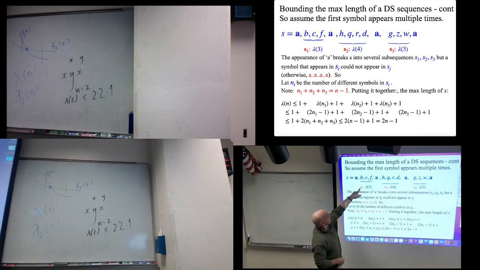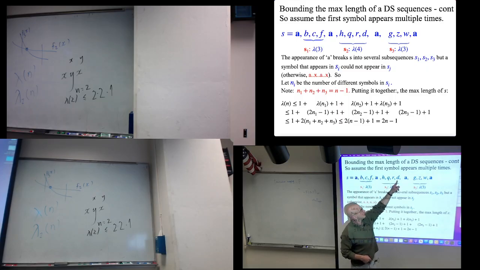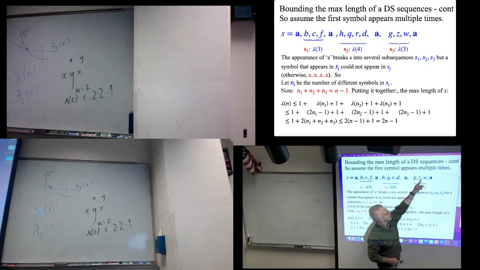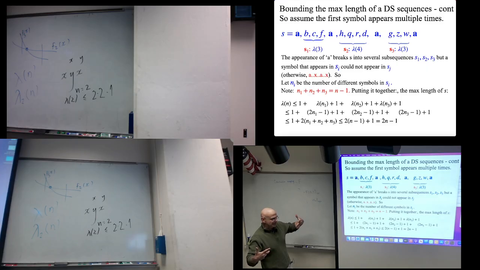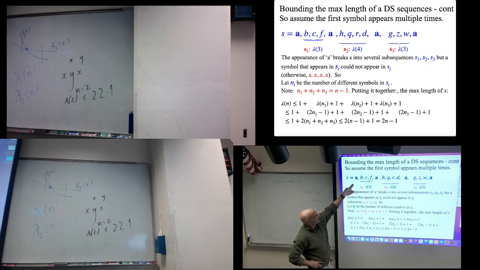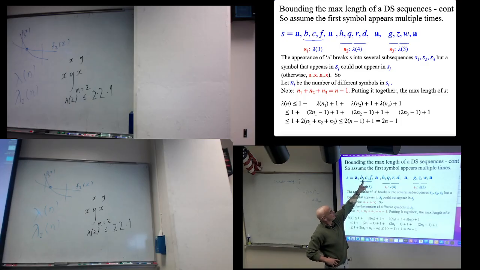Okay, so here is S1 that contains BCF, S2 that contains these guys, and S3 GZW. Just as an example, and remember I don't have the same character that appears again, so what can I say about the length of this subsequence?